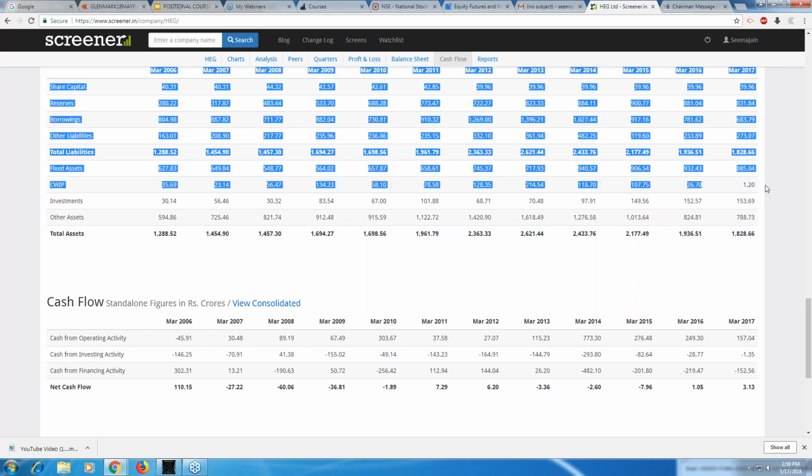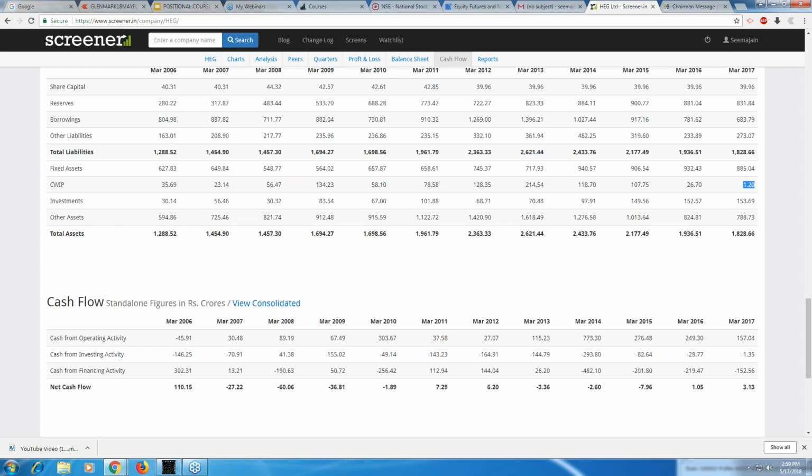How much money is being used in work in progress? It's about 1.2 crores. But in the year 2014 and 15, they have spent a lot of money in their expansions. So now the company is expanding well. Investments. So the company is increasing its investment. Other assets are also fine, right?